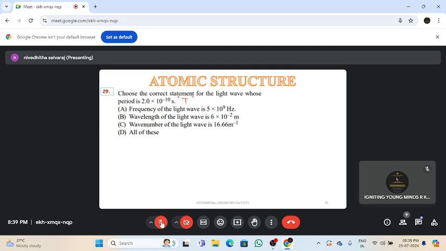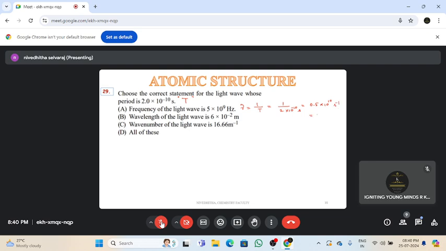So from time period, we can calculate frequency, right? What is the relationship between frequency and the time period? Frequency is equal to reciprocal of time period. The time period is given as 2 into 10 power minus 10 seconds. So 1 by 2 into 10 power minus 10 seconds. 1 by 2 is nothing but 0.5. 10 power minus 10 will come to the numerator, so 10 power plus 10, second inverse.